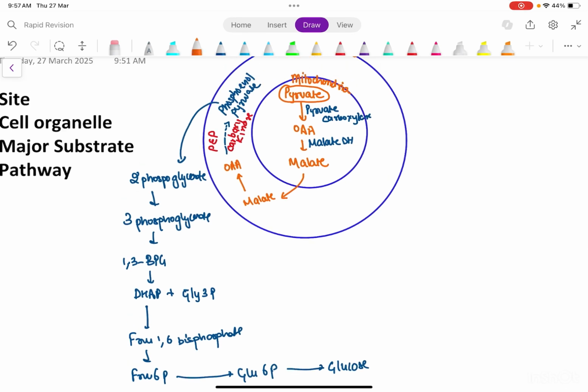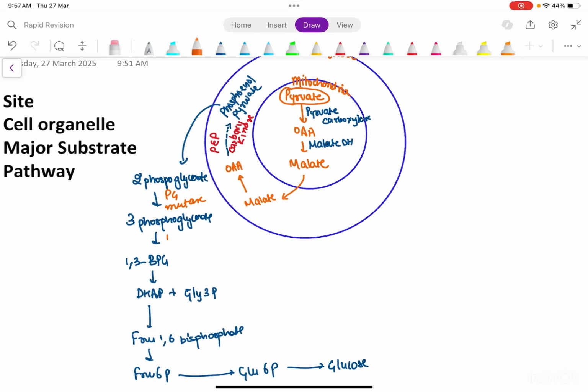Now you need to remember the names of the enzymes. So this is basically 3-phospho and 2-phospho. So if you see, this is just mutase, right? So this is phosphoglycerate mutase, and then 3-phospho, this was phosphoglycerate kinase. Now we are losing one phosphate, so this was phosphoglycerate kinase.